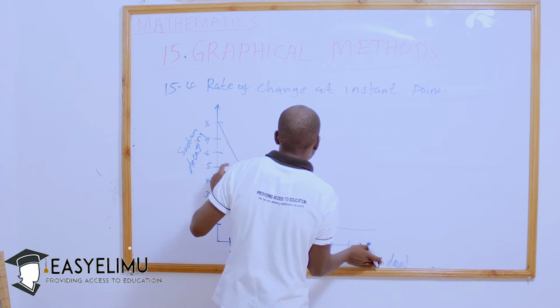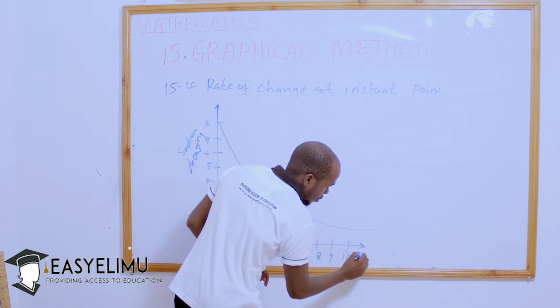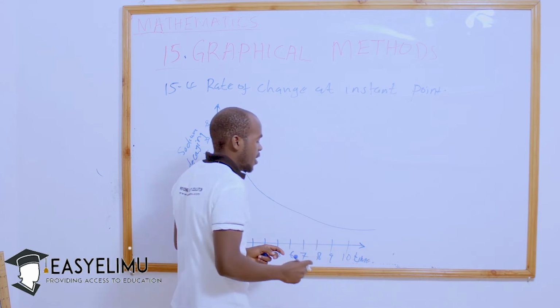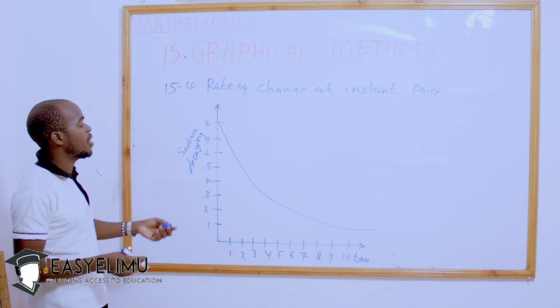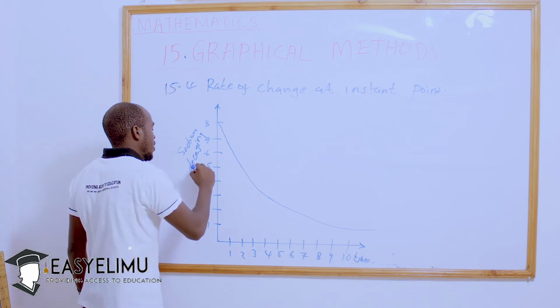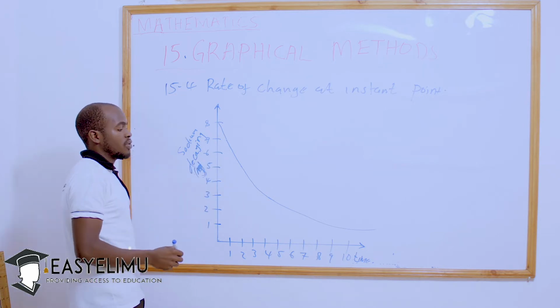So that is mass, and this one is time, let's say in years. So decaying may be that way, and this one is mass in grams. So that is the decaying.